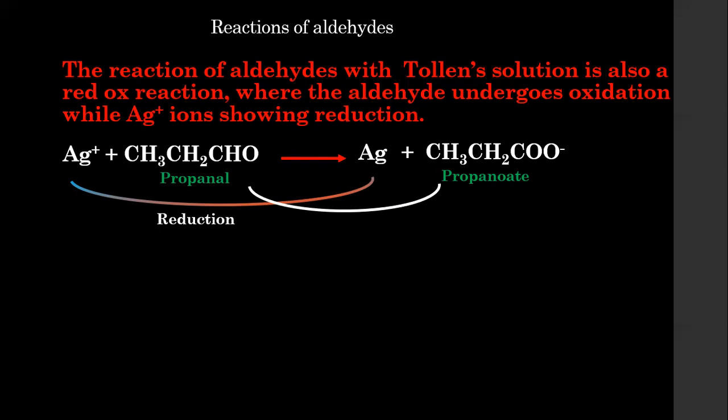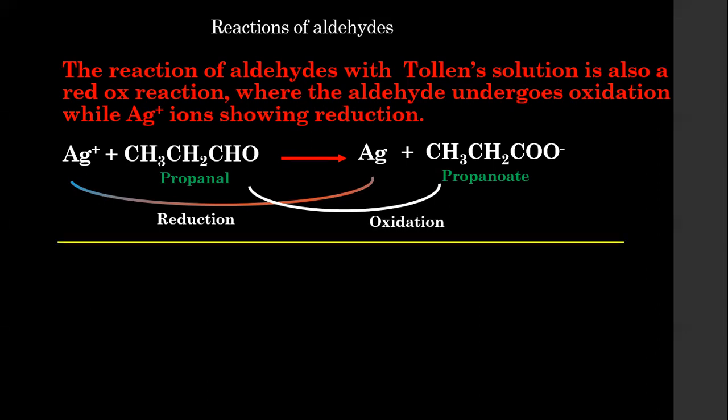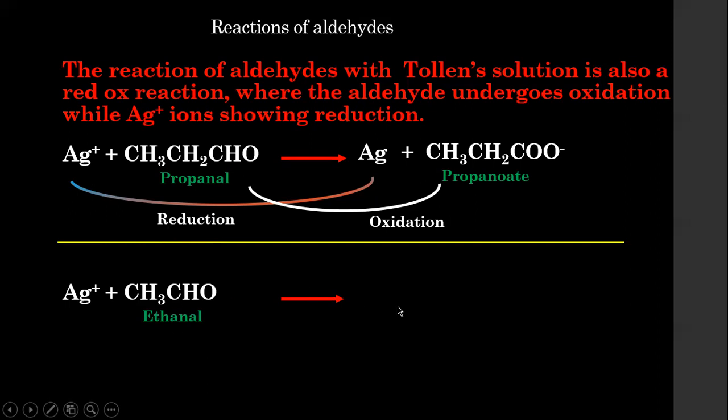To get this idea firmly into the mind, we will discuss another reaction. In this reaction, I'm going to talk about the reaction of Tollens reagent with the ethanal molecule. Now you know what's going to happen. Silver plus, according to the earlier equation, goes to silver by reduction, and ethanal will produce ethanoic acid, but actually what we see in the reaction is ethanoate.